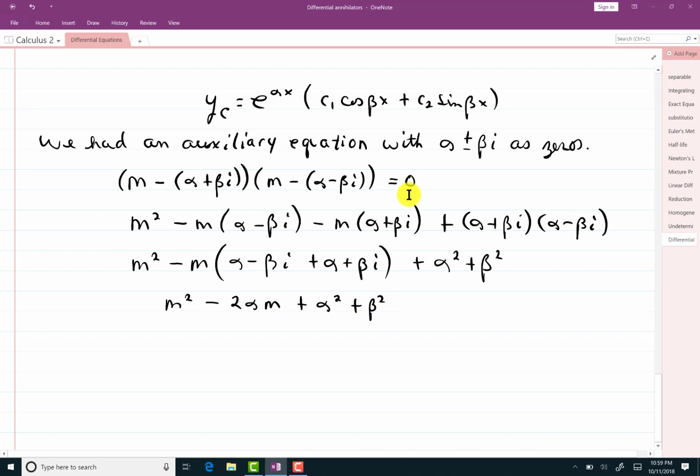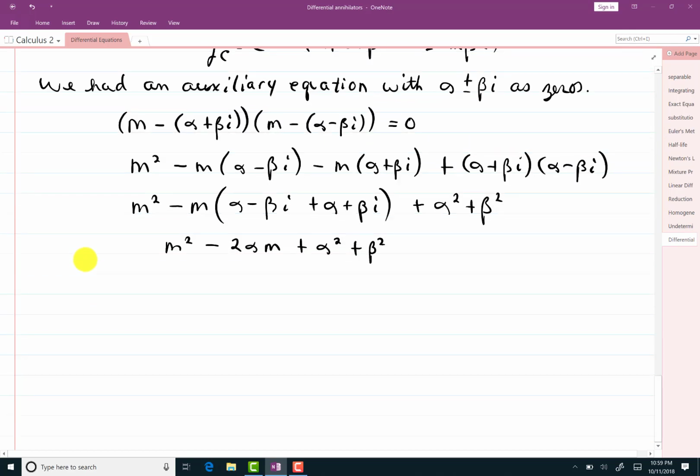Okay, so that was when the alpha was in front of the x for the e to the alpha x, and then either cosine of beta x or sine of beta x would be that. So look at ours.